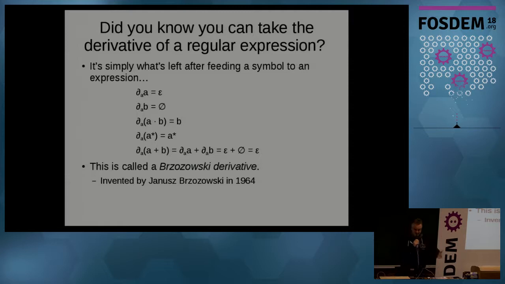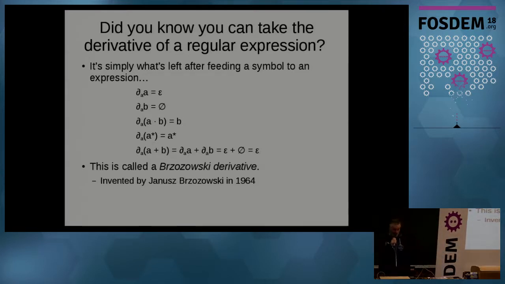I've matched. If I've got a B and I feed an A into it, I get null, nothing matched. If I have A followed by B and I feed an A into it, what's left over is B. It's a really simple idea. The fourth example there, if I've got an A star and I feed an A into it, I've still got an A star. And that's regular expression derivatives.